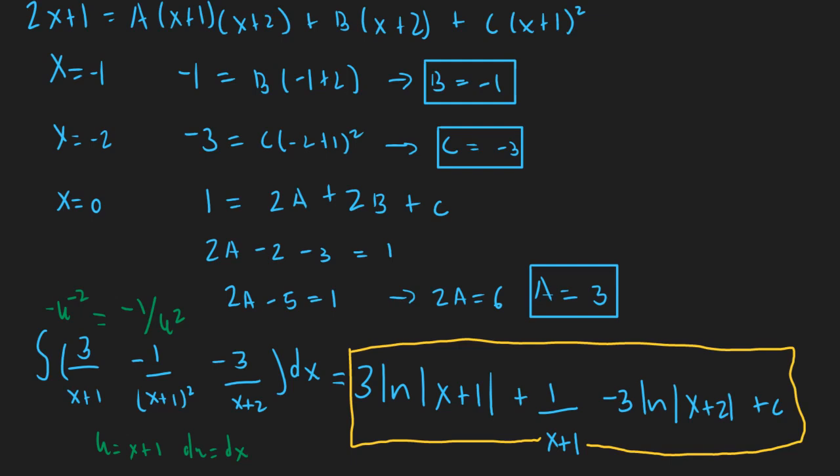But how about this? What if you had multiplied the a and the x all together? Well, you would get ax squared, right? But over here, wouldn't you also get cx squared? But see, there is no x squared over here.